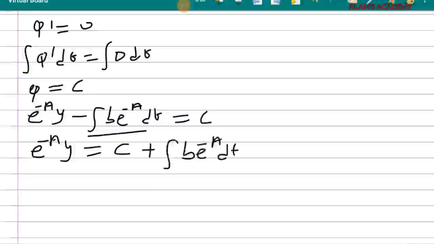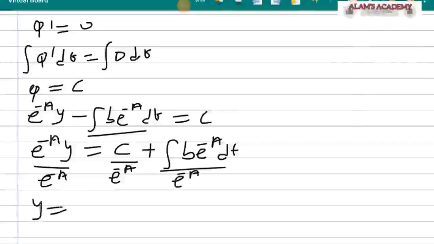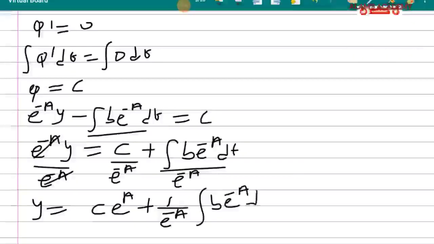Now with this, divide through by e^(-at), divide here by e^(-at), and divide it through by e^(-at). And I'll have y equal to, because this is going to cancel this, c e^(at) plus 1 over e^(-at) times the integral of b e^(-at) dt.